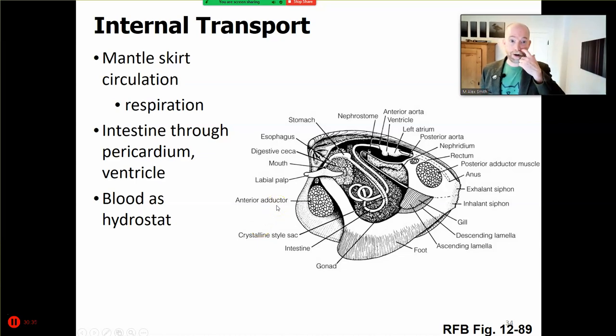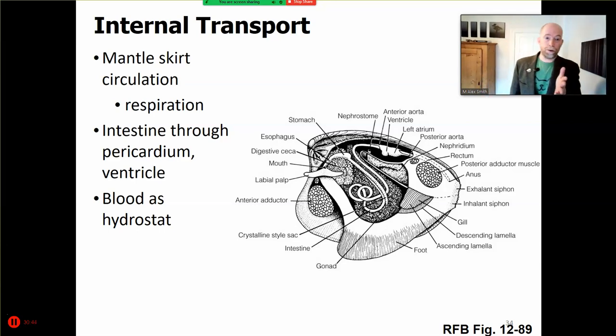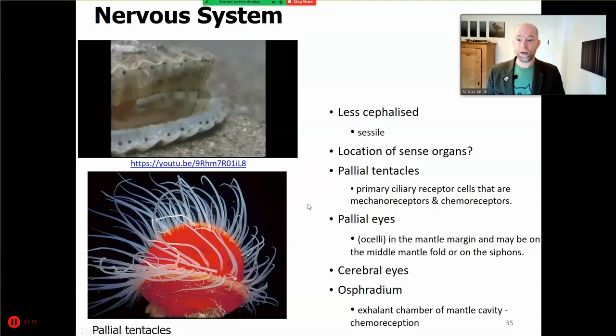Remember, we've compared and contrasted several times different groups of mollusks with an open or a closed system. And for the closed, we asked you to align your thinking with the cephalopods, thinking about mobility, and so thinking about not just having a large sinusoidal cavity where organs are bathed in blood and respiration is relatively inefficient, as it is here in the bivalves, but with the cephalopods associated with greater mobility and their pelagic lifestyle, we saw the evolution of a closed circulatory system that allowed that efficiency to happen, that one couldn't have happened without the other. Their nervous system.